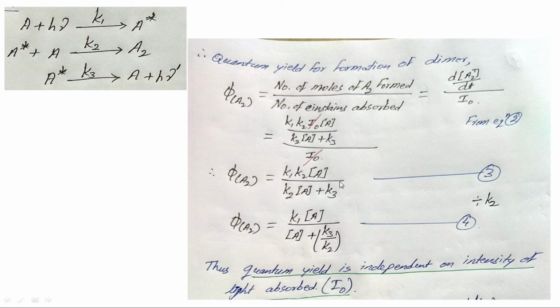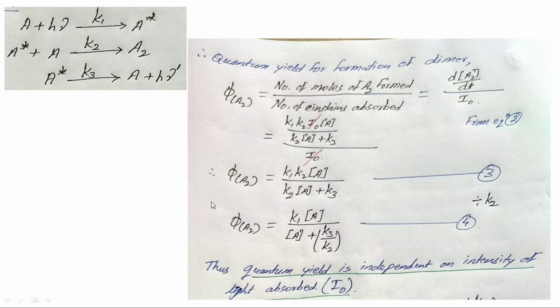In the next step I am going to divide numerator and denominator by K2, then I get equation number 4. As in this equation 4 there is no I naught term, the quantum yield of formation of a dimer is independent of the intensity of light absorbed, that is I naught.